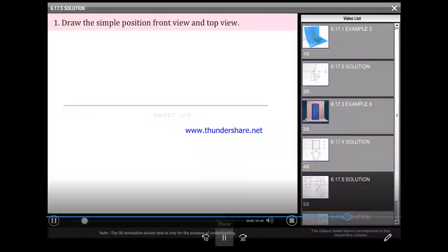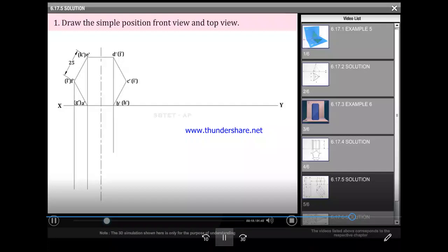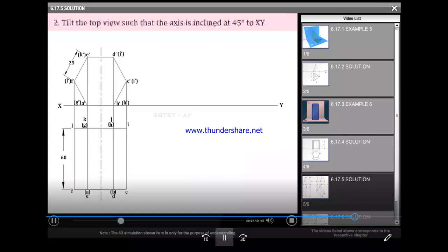Draw the simple position front view and top view. Tilt the top view such that the axis is inclined at 45 degrees to the XY line.